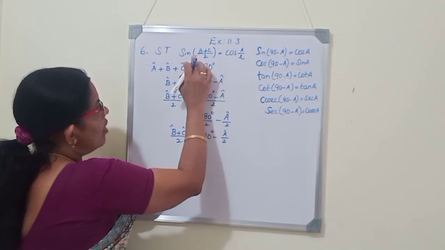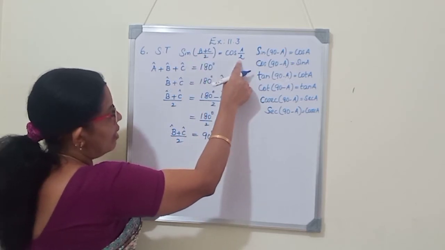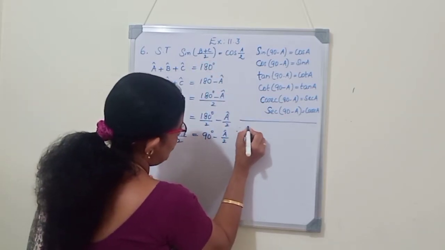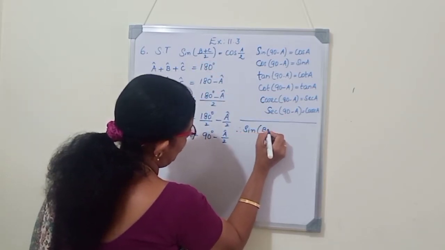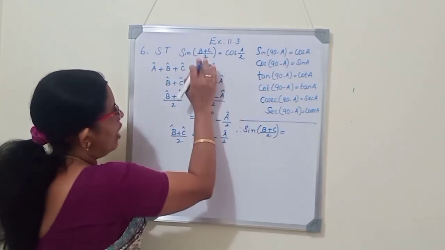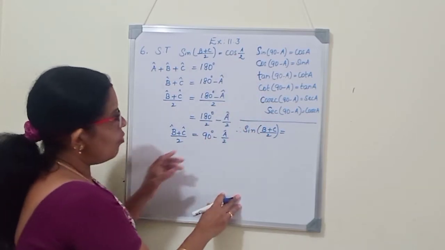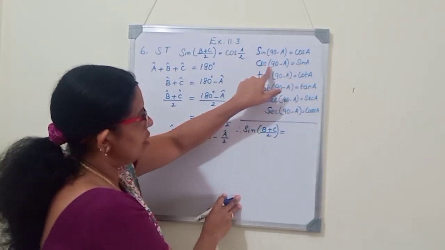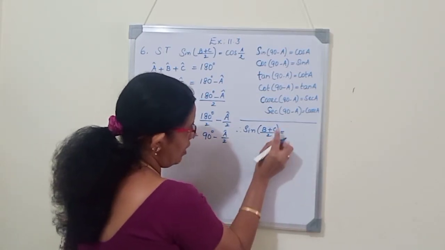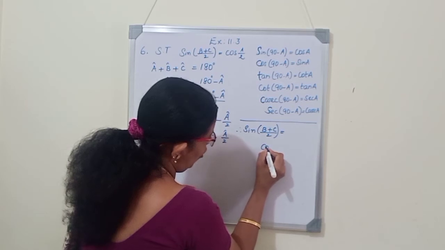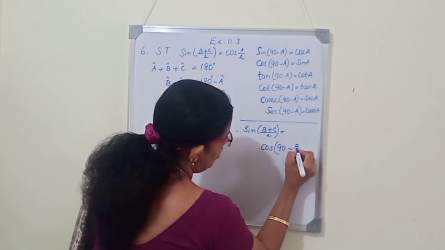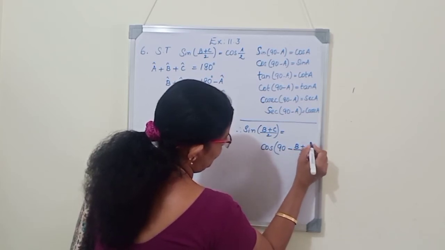Now we wanted to show that sin (B plus C) by 2 equals cos A by 2. That we will see. Therefore, sin (B plus C) by 2 equals. See, whenever we write, only LHS we have to write. We have to prove this is equal to this. So what is sin A? Sin A is cos 90 minus A. Instead of A, we will write (B plus C) by 2.